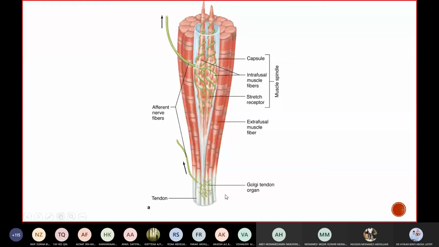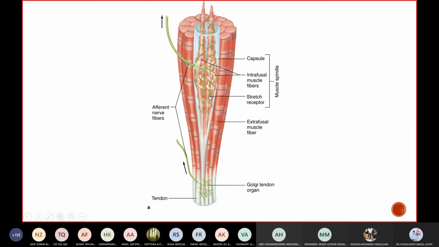Okay, at the tendon as well, you have one Golgi tendon organ with an afferent nerve fiber, and inside the muscle you have the intrafusal muscle fibers that make up the muscle spindle. Okay, the muscle spindle is the whole thing. The intrafusal muscle fibers are the muscle fibers inside the muscle spindle. Okay, the extrafusal muscle fiber is just your normal skeletal muscle fiber.